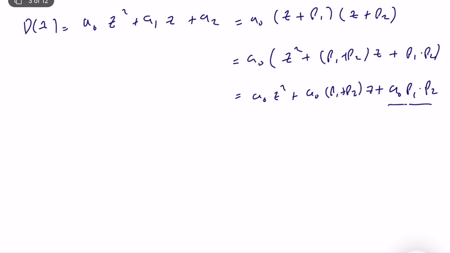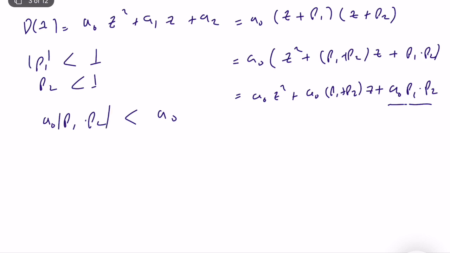First of all, if the magnitude of p1 is less than 1 and the magnitude of p2 is less than 1, it's easy to see that the magnitude of a0 p1 p2 should be less than a0. This is easy to see if both poles are inside the unit circle.